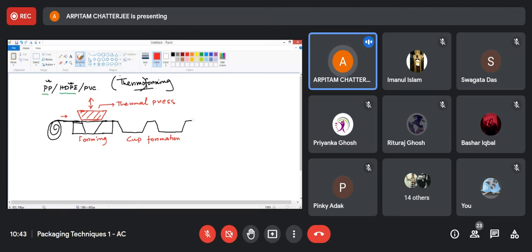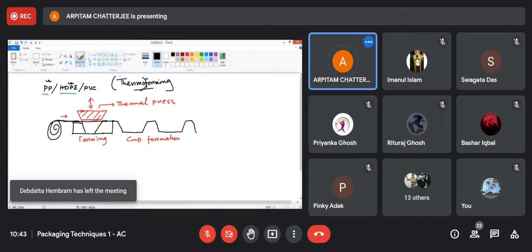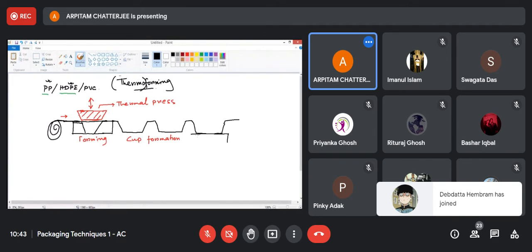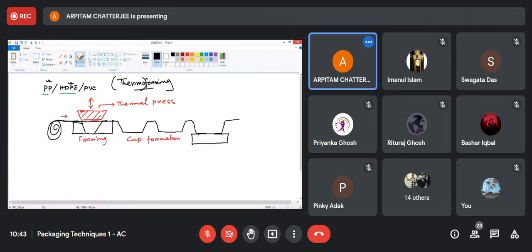And then it goes to the filling station. And in the filling station, what is going to happen? As you have been previously told, the product is coming to fill this.